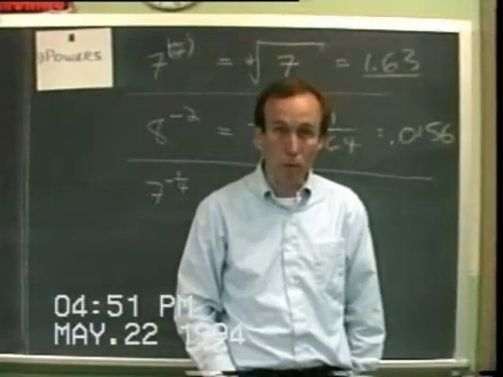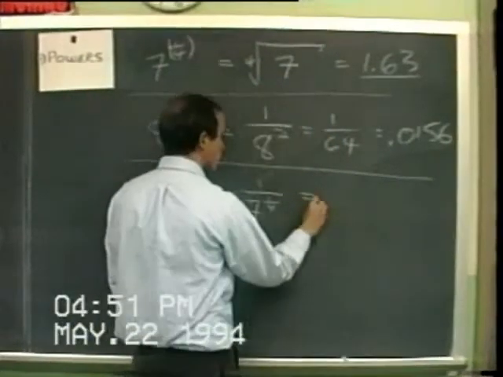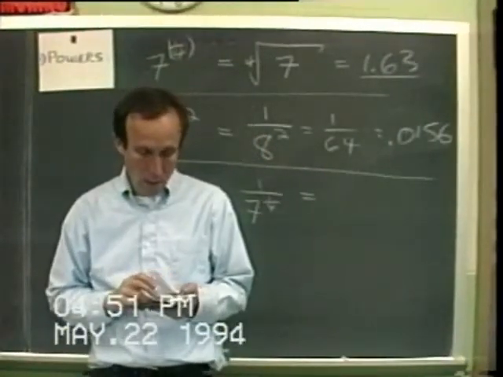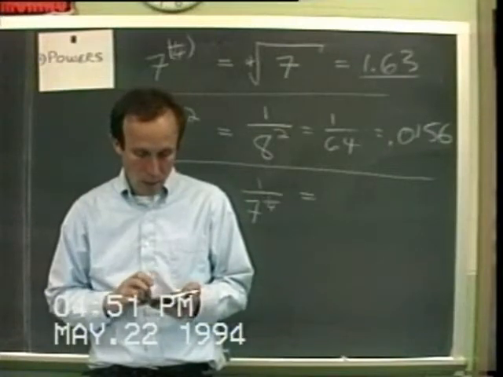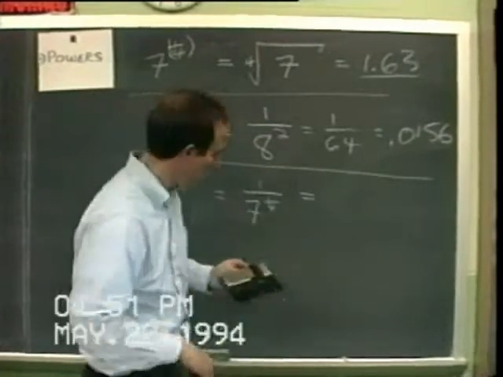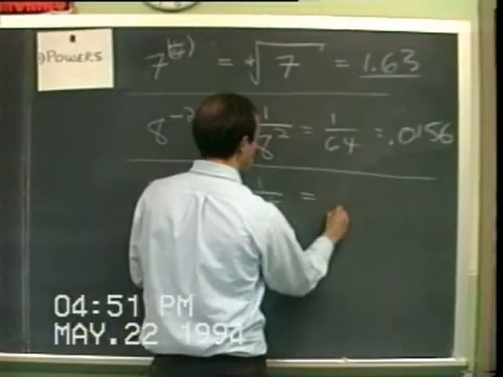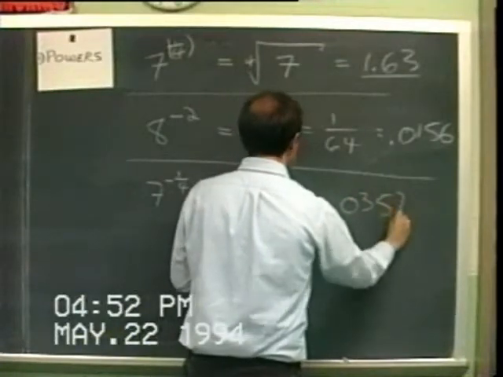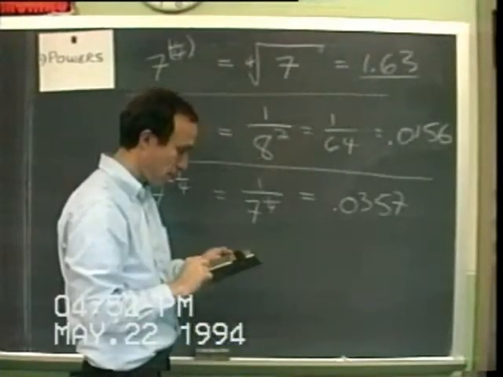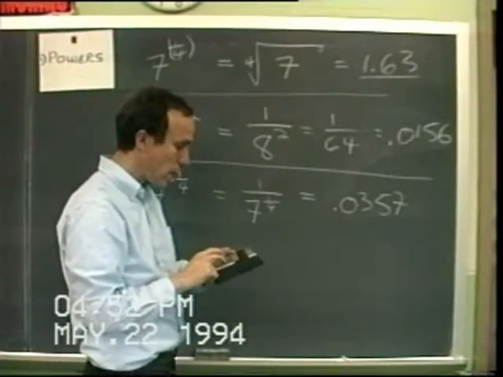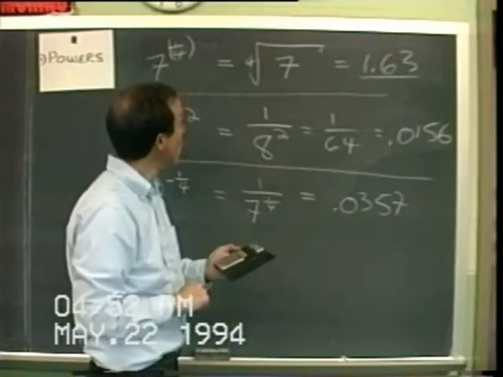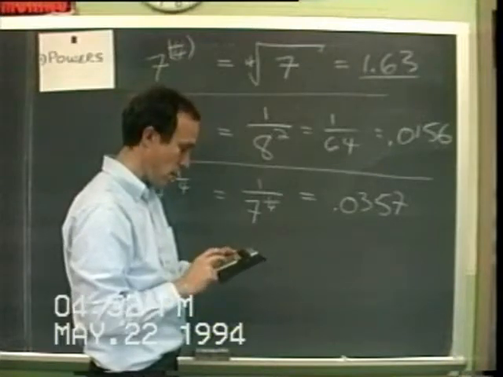That is 1 over the 4th root of 7, which I can say 1 divided by 7 x to the y, 0.25 equals, and I get 0.0357. This was supposed to be the reciprocal of this answer, so I think I'll hit the reciprocal key, make sure it comes out the same. And I get 28 as the reciprocal of that.